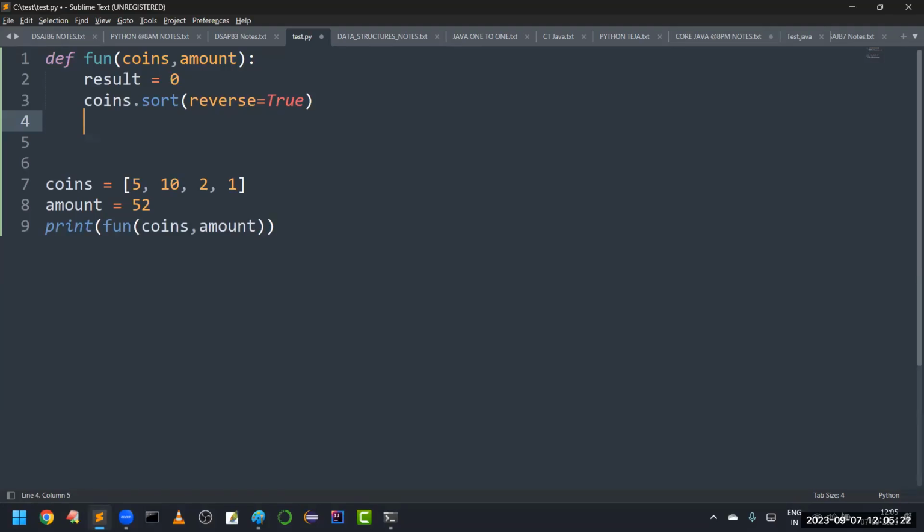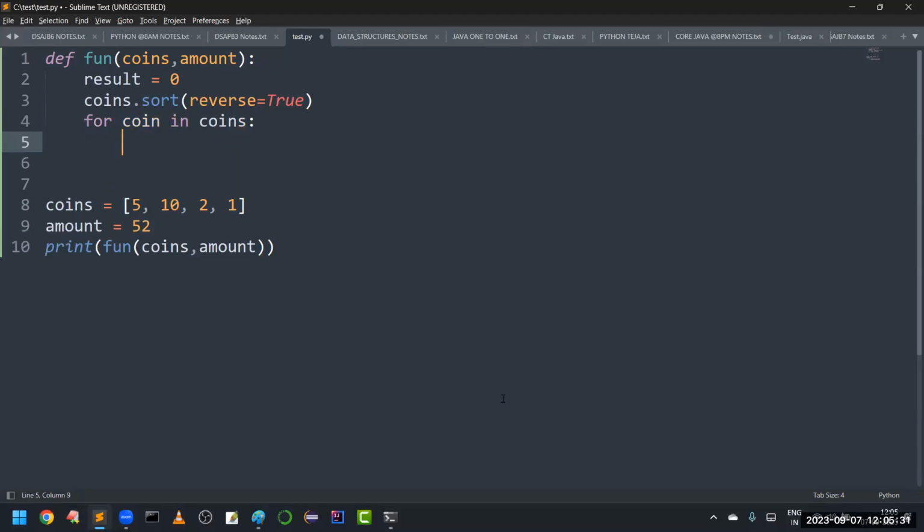Now, for each coin in coins, I'm going to select one by one coin. See, assume I have these coins.